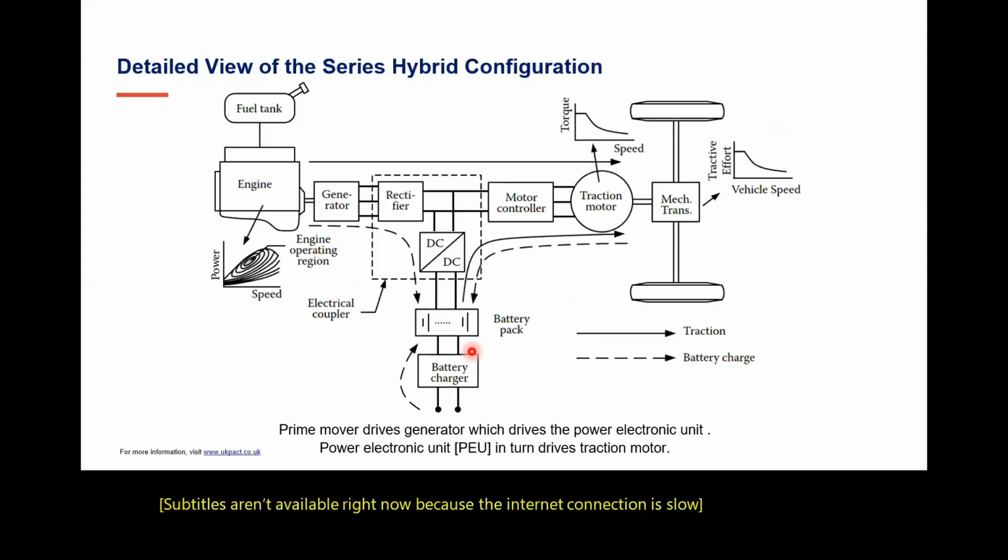This particular block shows some more details about the series hybrid configuration. This is an engine which is coupled to the generator. The generator generates AC power, which is rectified and given to the motor controller. The motor controller is nothing but an AC to DC converter, or in this case it will be DC to AC, because they have shown the rectifier block separately. The motor controller drives the traction motor.